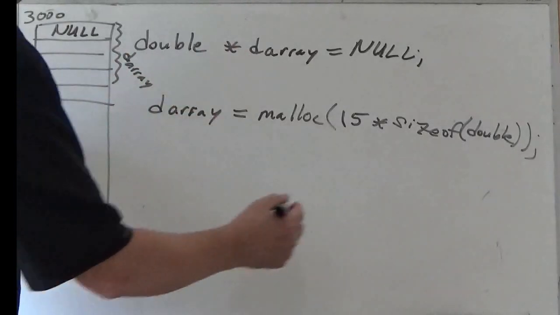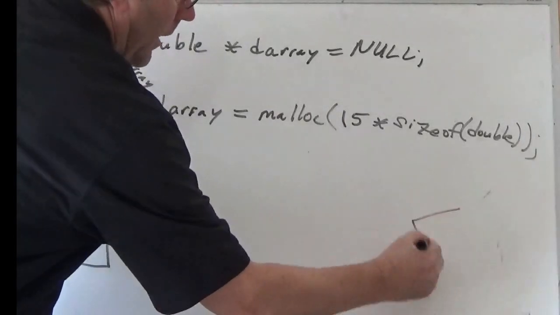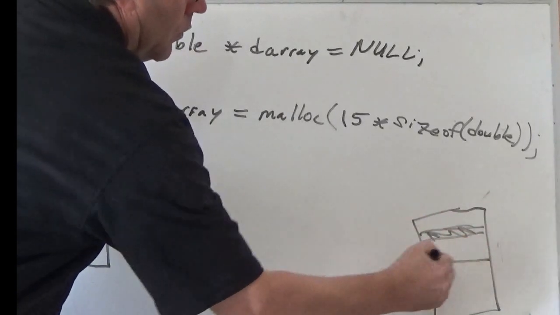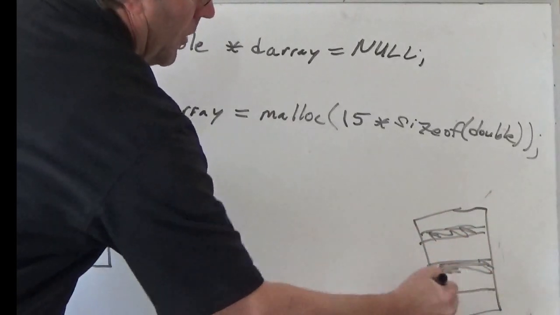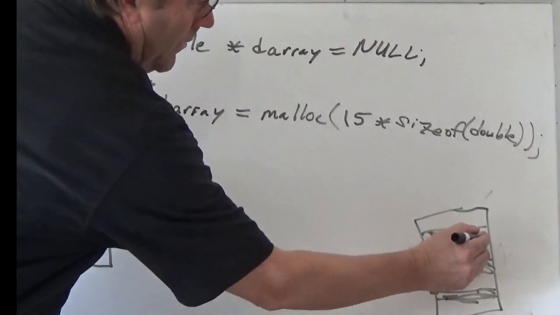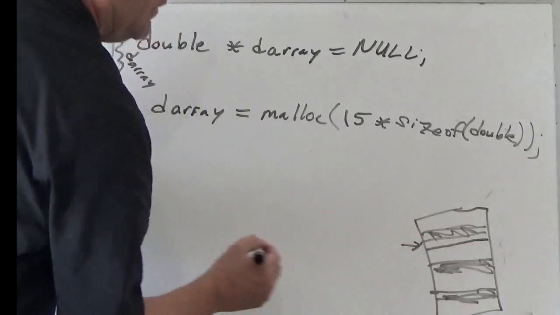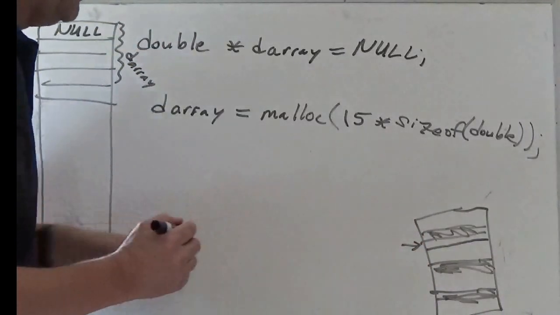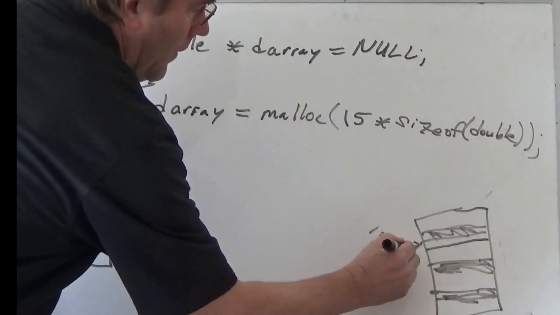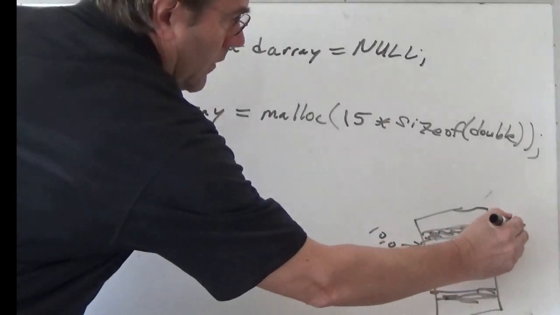So let's say this is my heap area, and I have some parts of it being used, but there are other parts that are free. These are the free parts. Let's say that right here, the operating system says, oh, here's 60 bytes of free memory, so I'll return that address. Let's say that address is 10,000. So here, this is 60 bytes.